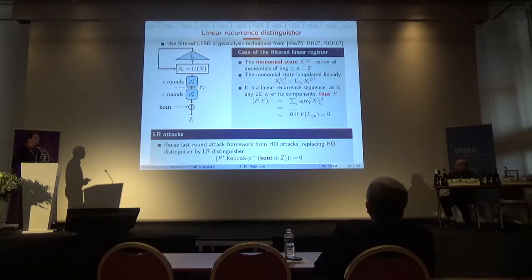So this is a distinguisher, and we can take the last round attacks framework that was developed for higher order attacks and just replace the higher order distinguisher by this linear recurrence distinguisher. The equations will be like this, and the complexity of the attack will depend on the degree of the polynomial cancelling these sequences.